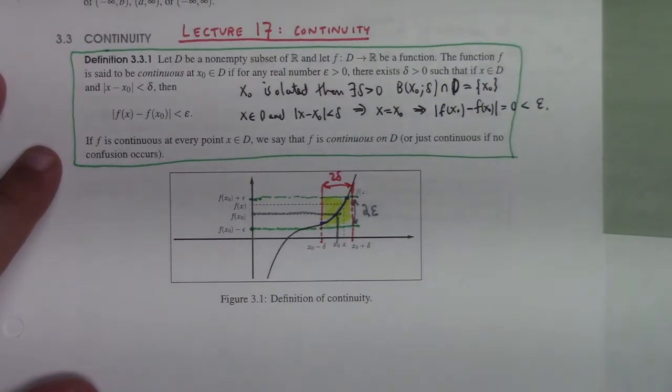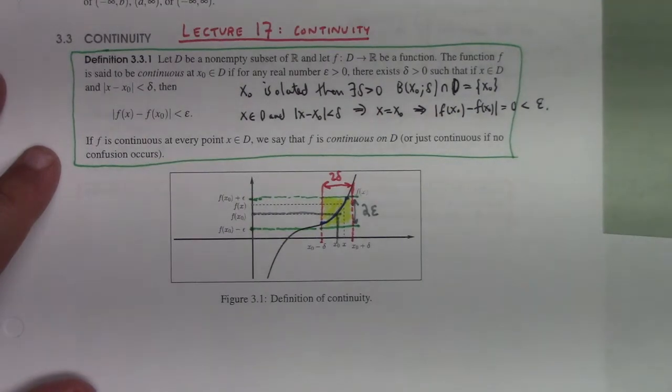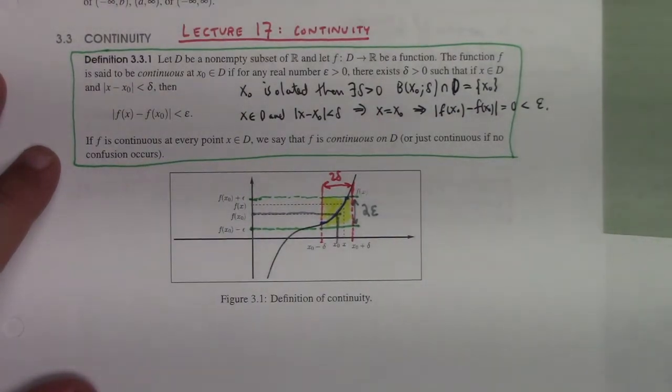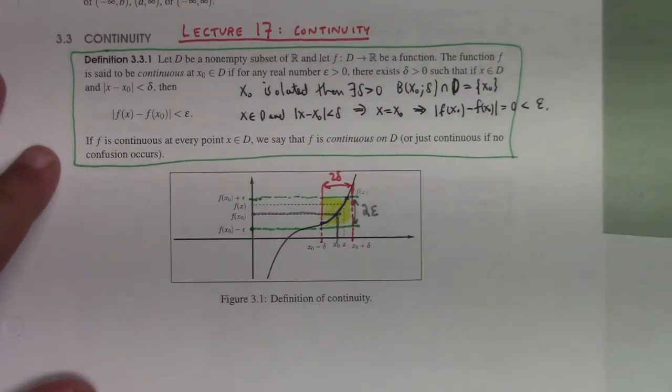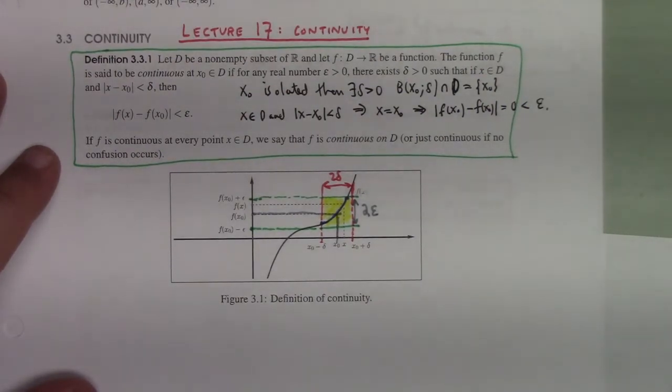So essentially, it is automatically true that a function is continuous at an isolated point. That's a side effect of this definition. Functions are automatically continuous at isolated points.